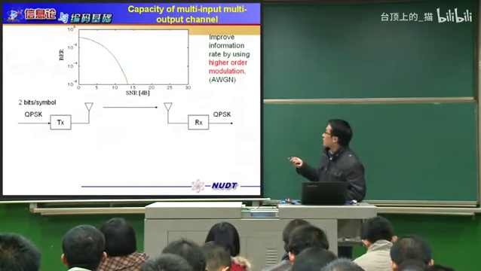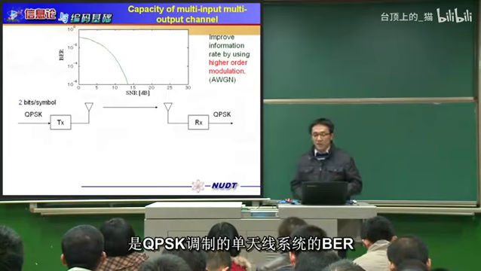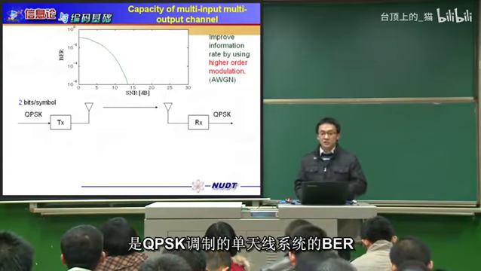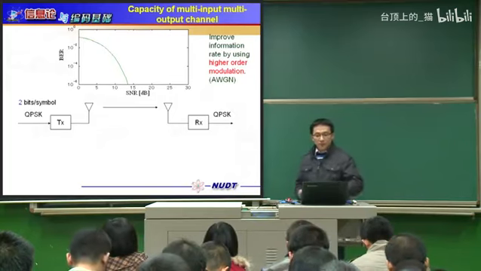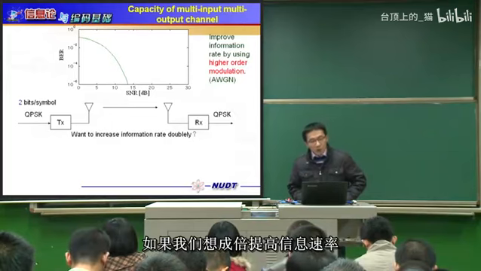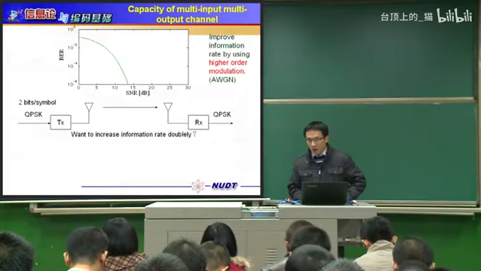This green curve is the BER for QPSK modulation in single antenna system. And if we want to increase information rate doubly, what can I do?